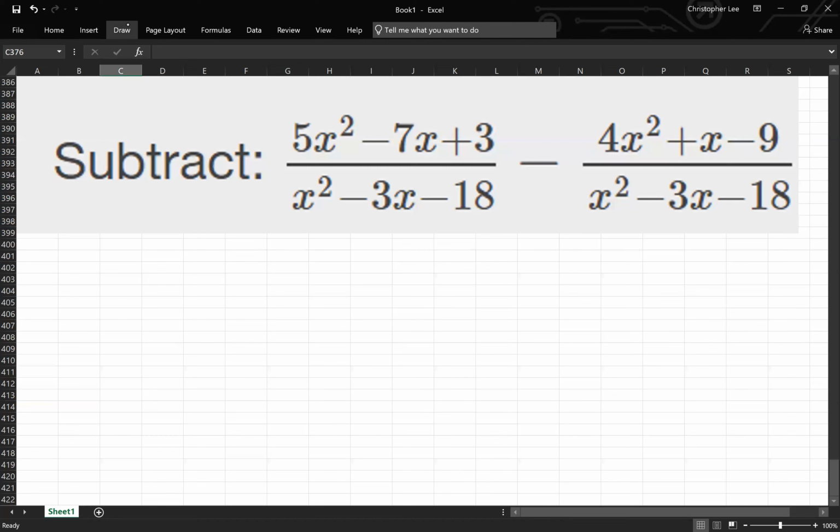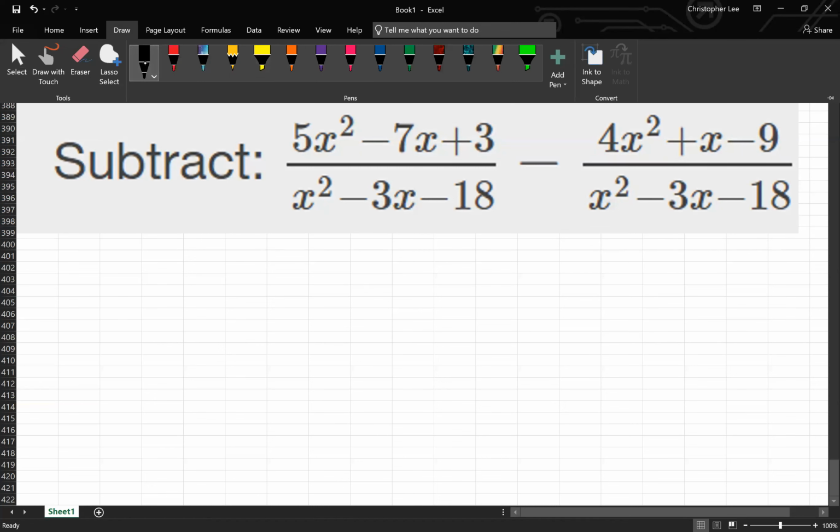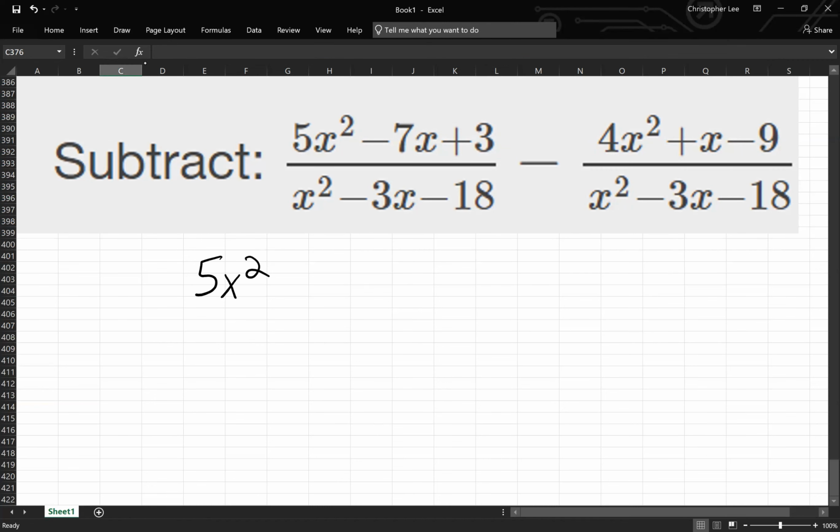First, I need a pen. All right, what do I do? How do I subtract polynomials? Before that, I want to subtract the numerators, so how do I subtract polynomials?